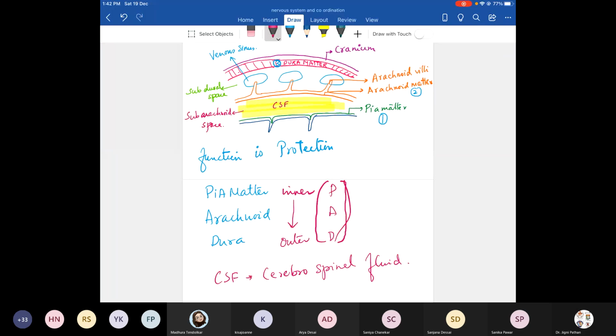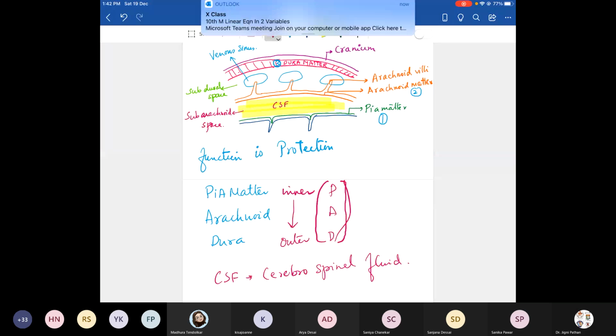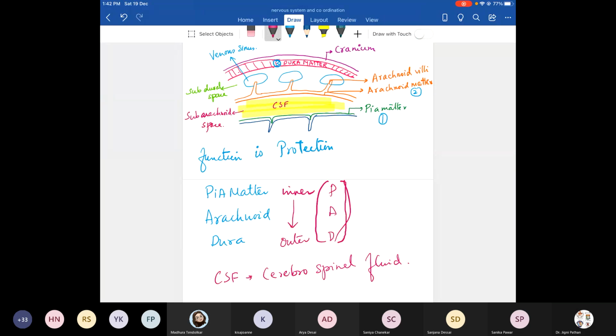It is present in the brain. We have studied the neurons, right? Neuroglial cells. Which cells of the neuroglial cells form the blood-brain barrier? Astrocytes. Very good. Remember?